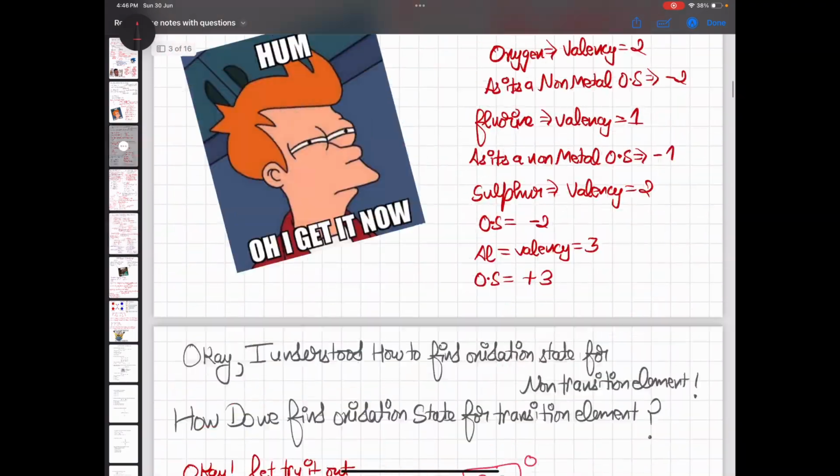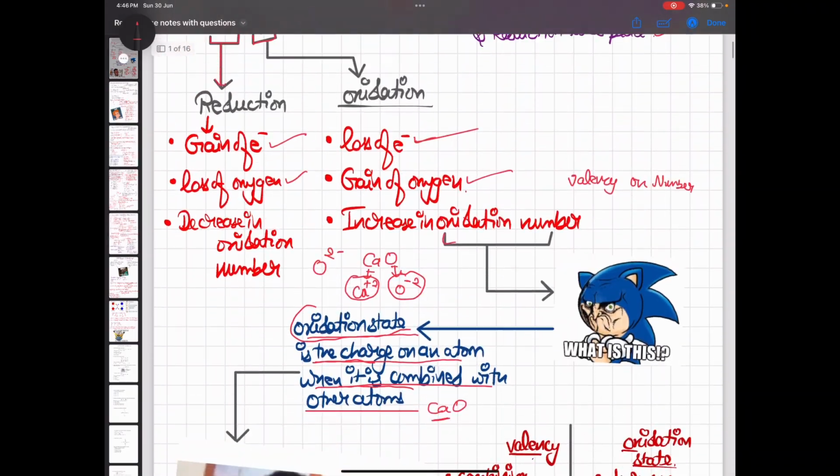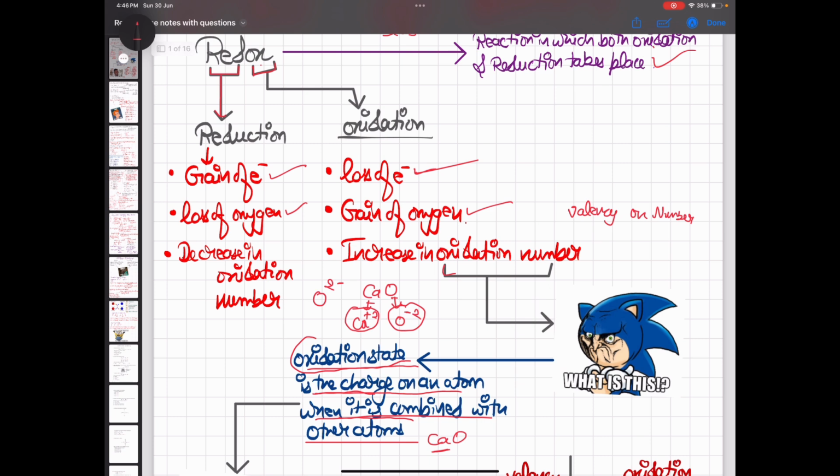Now let's revisit the first page of our document. See what I have written here? Increase in oxidation number is also oxidation, and here we have also written loss of electrons. Now it must make sense.